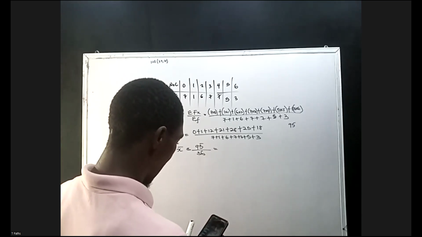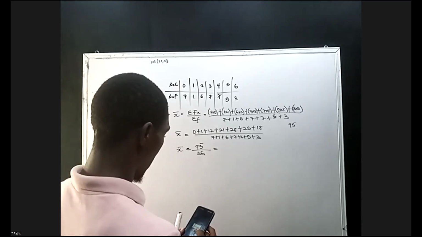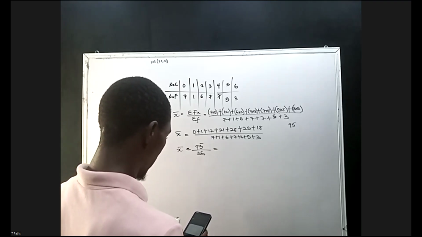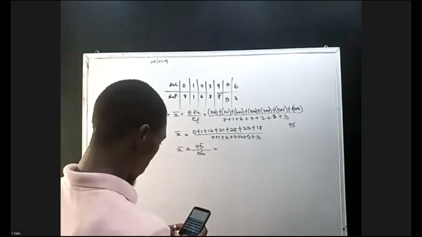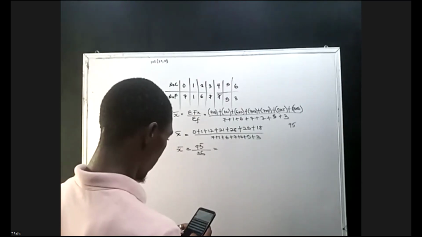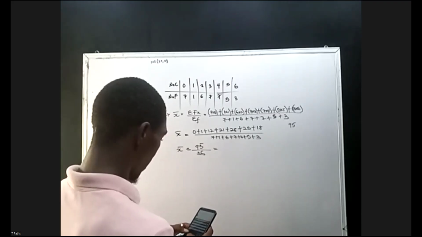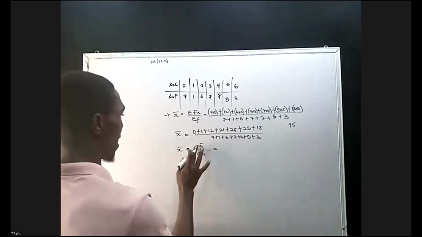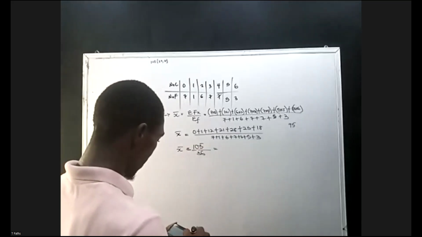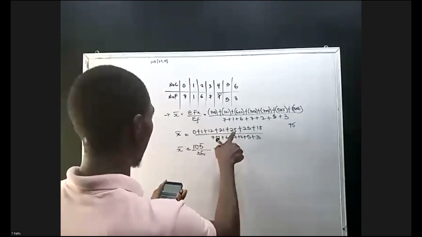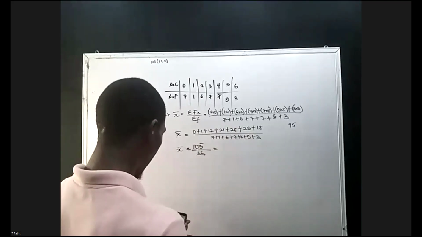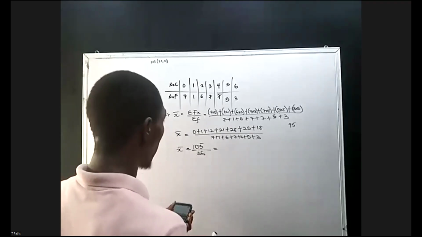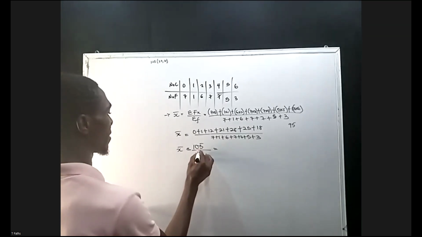So I have 1 plus 12 plus 21 plus 28 plus 25 plus 18, which gives 105. Then 7 plus 1 plus 6 plus 7 plus 7 plus 5 gives 33.